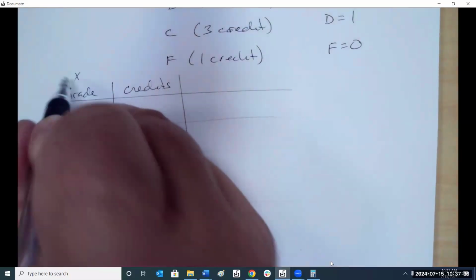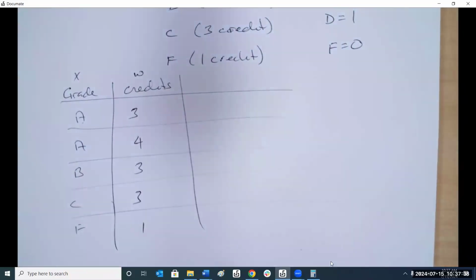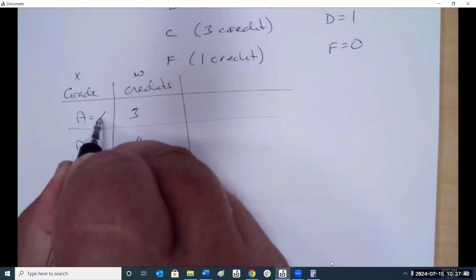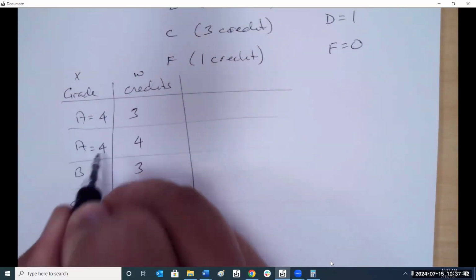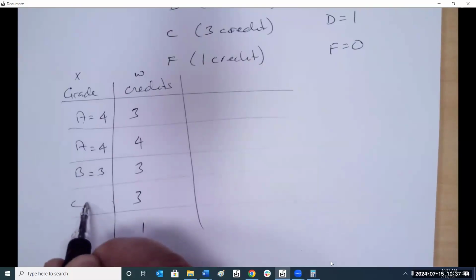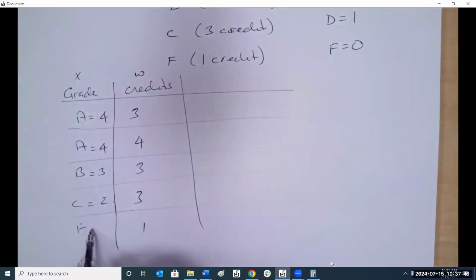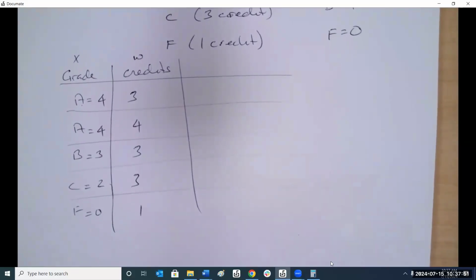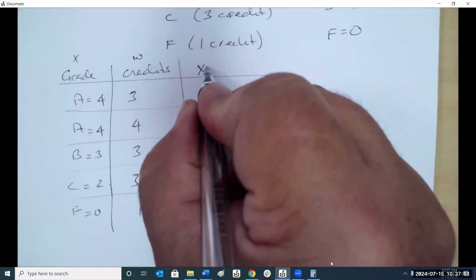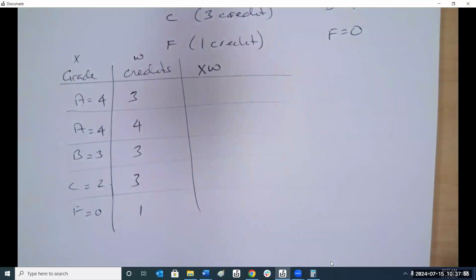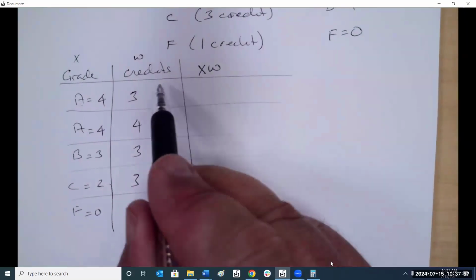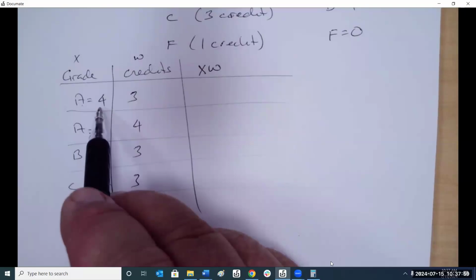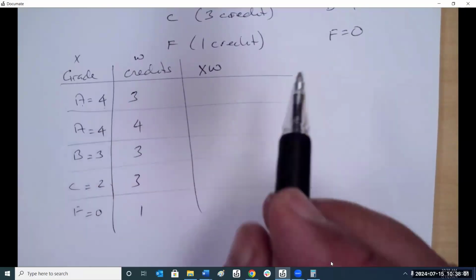And your grades are the X, the credits are the weight. An A counts 4 points. A B counts 3 points. A C counts 2, and an F counts 0. So the next thing you do is multiply the number for your grade and the credit hours.